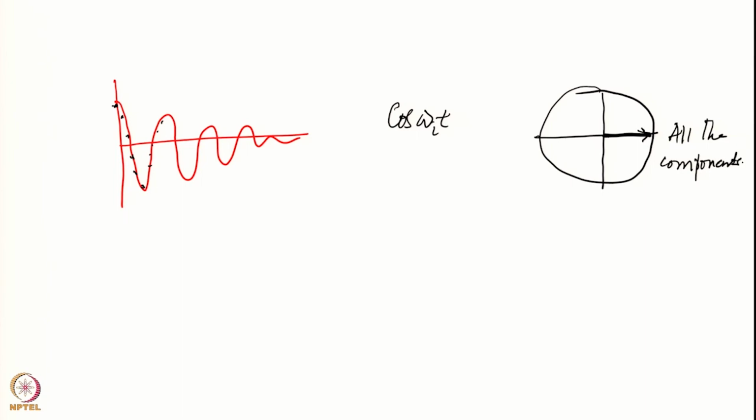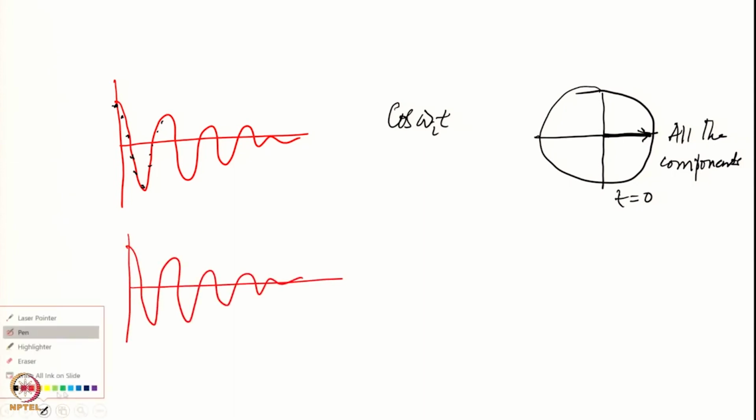But instead suppose I do not start collecting the data from time t equal to 0. This is my FID, but I do not start collecting the data from the first point, but I start collecting from here. I give some delay for various practical reasons, I do not collect this.